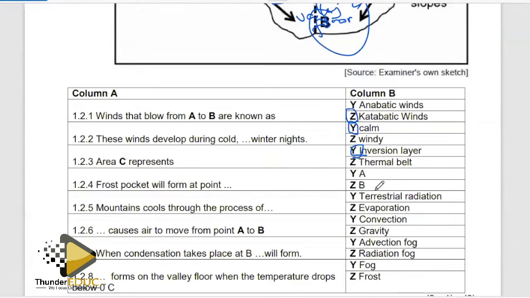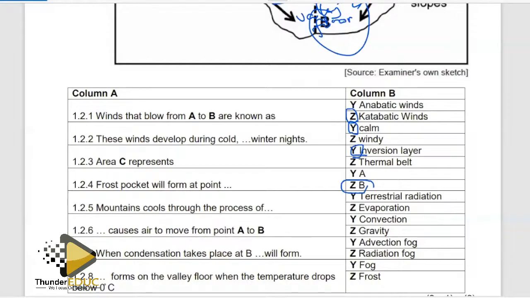For that response is going to happen at B. We have frost pockets forming on the valley floor. Mountains cool through the process of which process results in the cooling of mountains? Mountains cool due to terrestrial radiation.